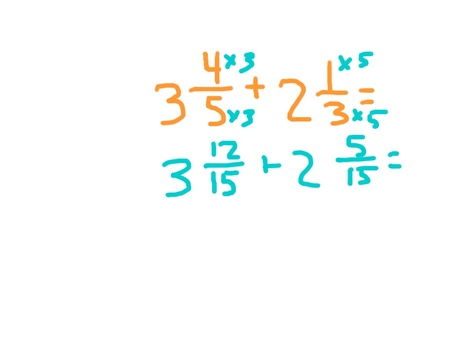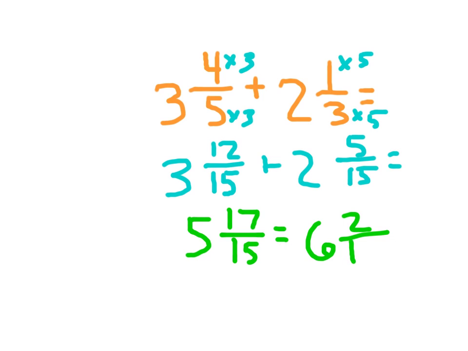If I add those together, I end up getting 17 15ths, and 3 plus 2 is 5. 5 and 17 15ths is equal to what? Can you see that? Did you say 6 and 2 15ths? If you did, give me a hooray!